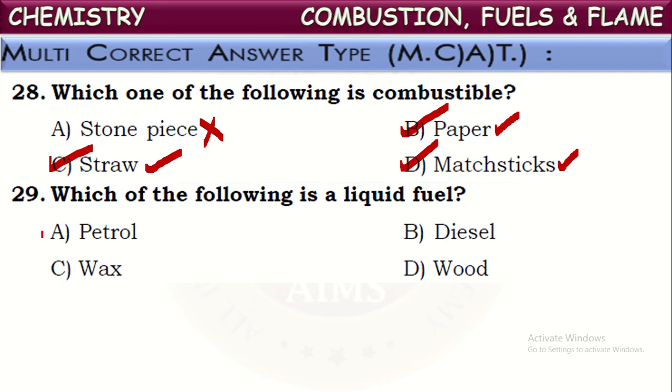We know petrol is one of the liquid fuels. Diesel is also one of the liquid fuels. These two are derived from petroleum. And wax is a solid fuel and even wood also. So these two are solid fuels. Only petrol and diesel are liquid fuels.